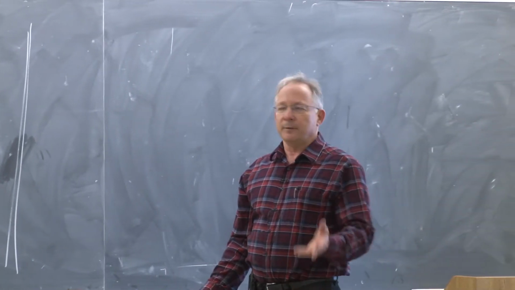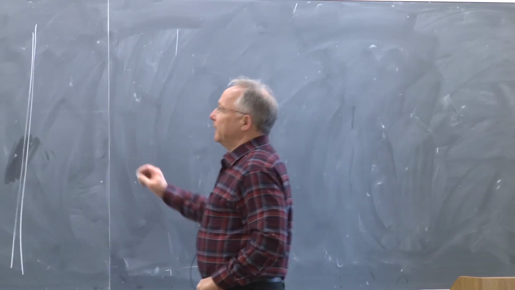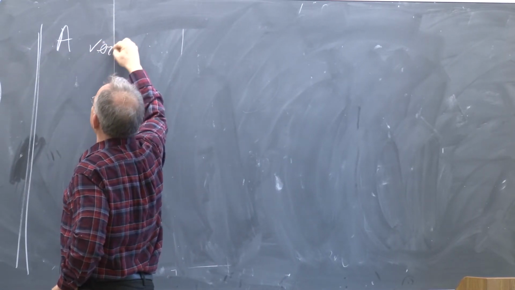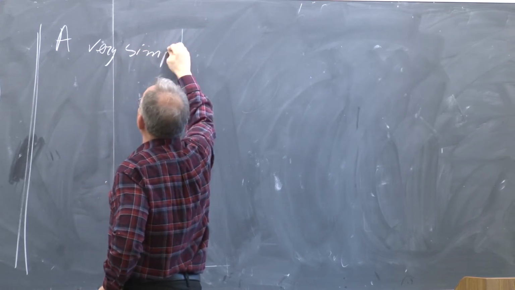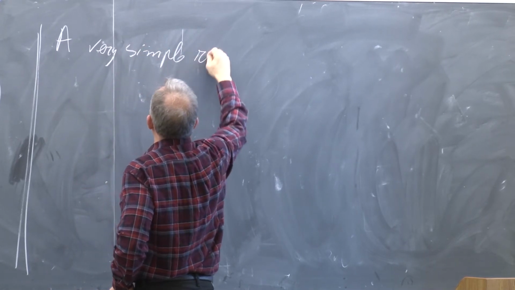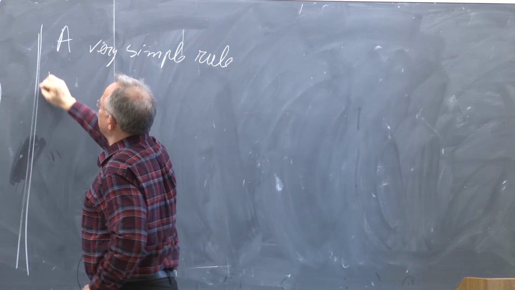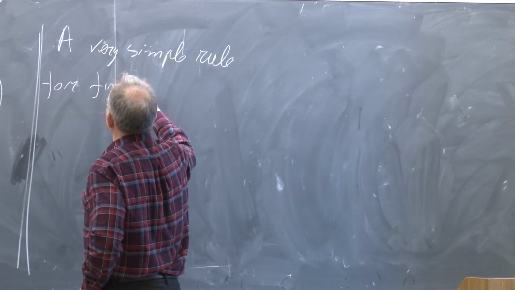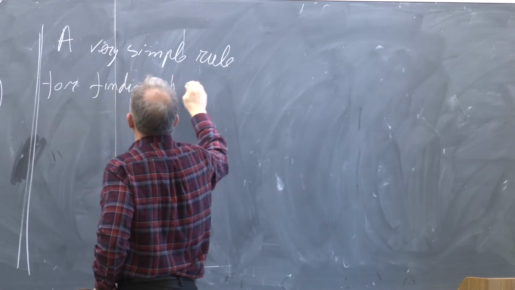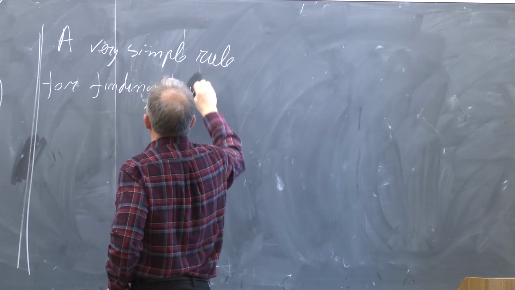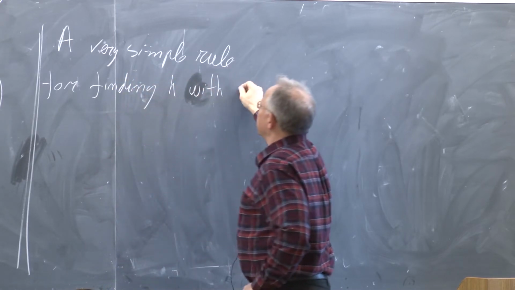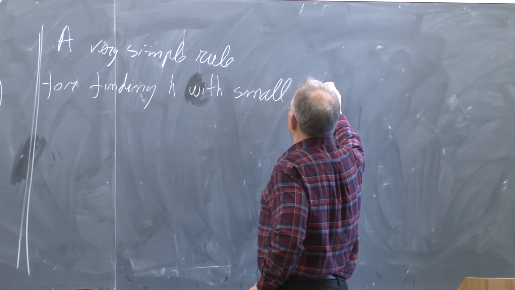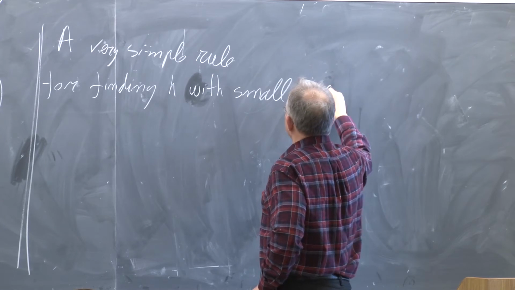I will just, here is a simple rule for finding an H with small empirical risk.